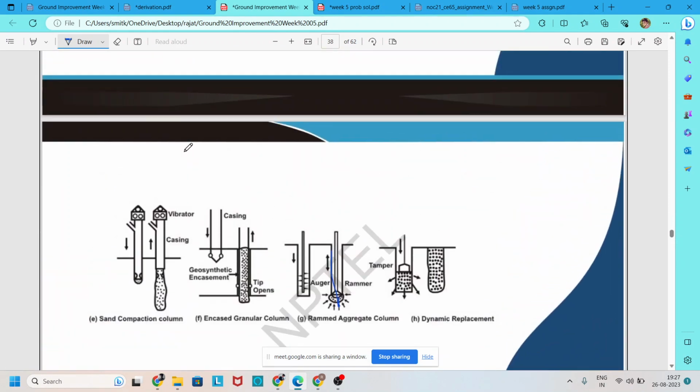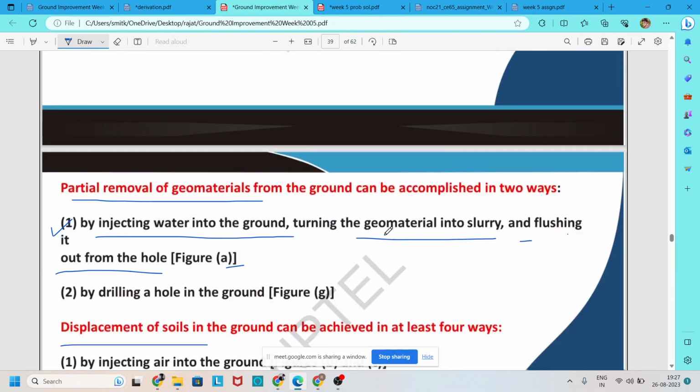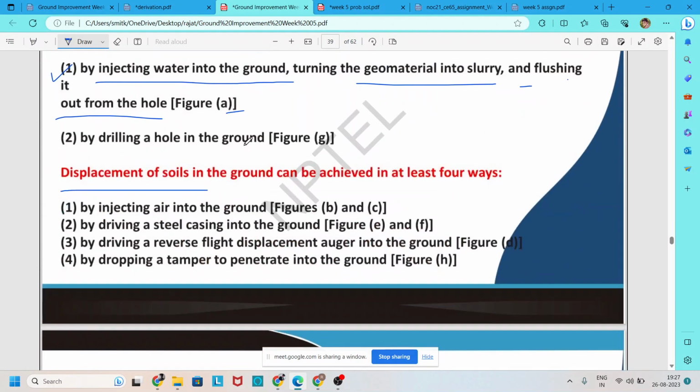And also G, this figure, also comes under partial removal. That means a drilling hole is created by a reverse flight auger, and after that good material is put in place, and then a column is created.